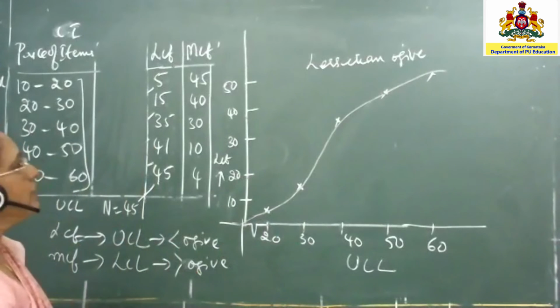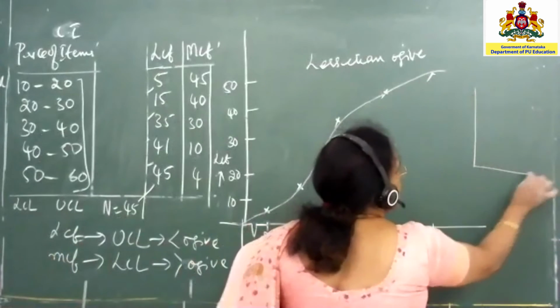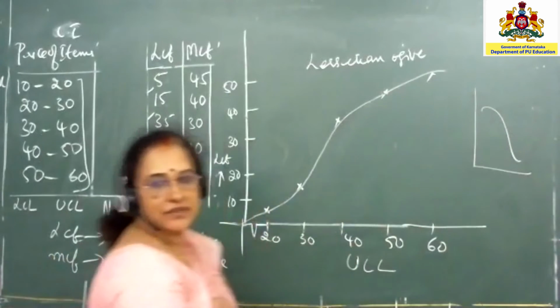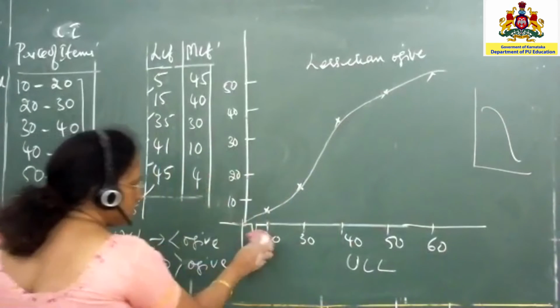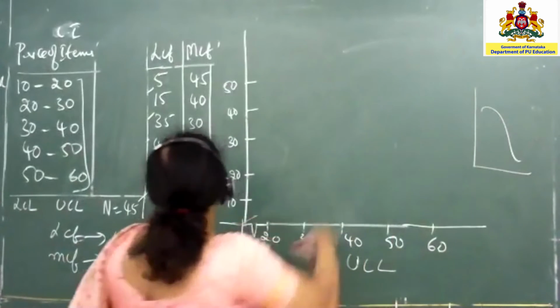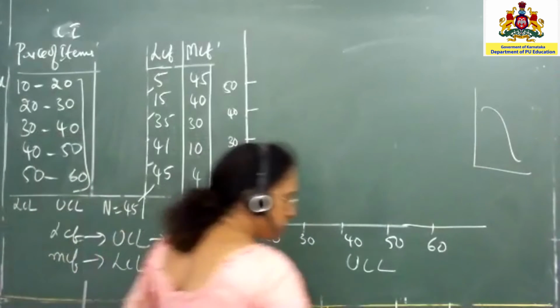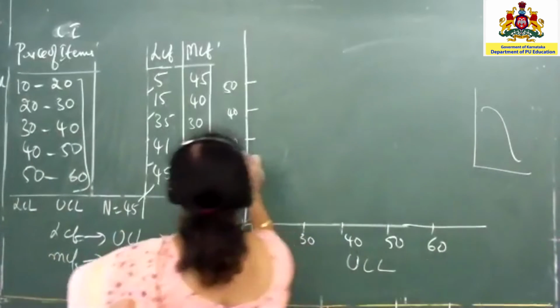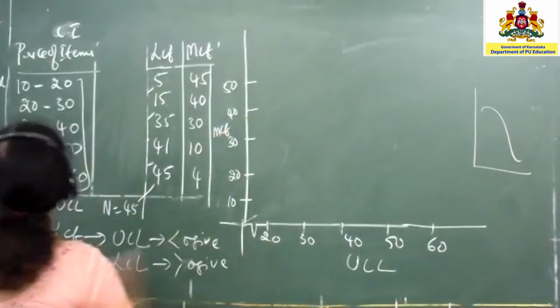Now if this is an increasing curve, now more than Ogive will be a decreasing curve. Now I should retain the same numbers, because see, on the y-axis you have the same numbers. So I have retained this one. So this is your now MCF values. And here now what are the numbers?